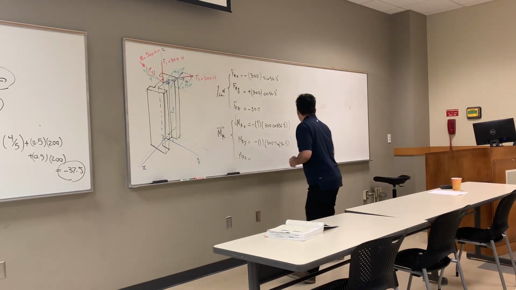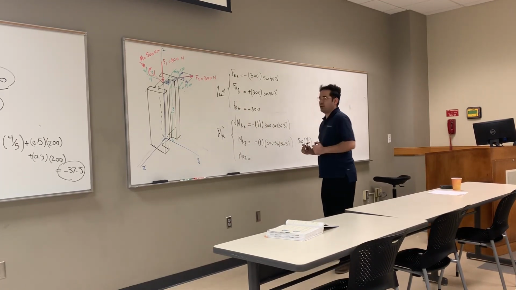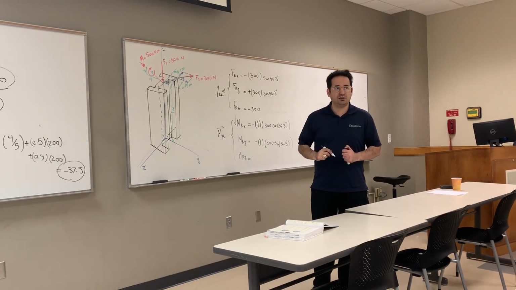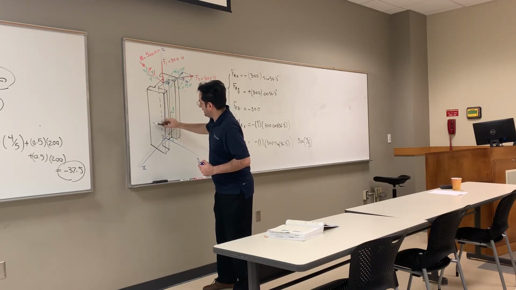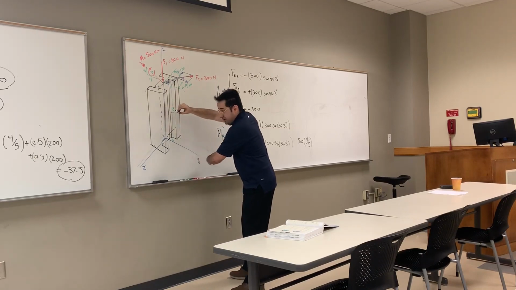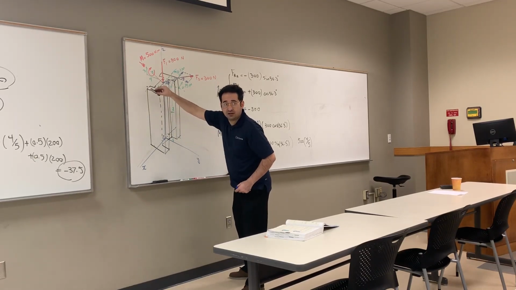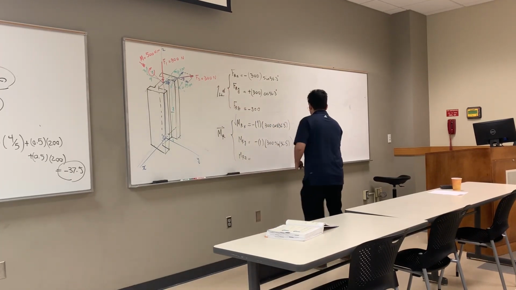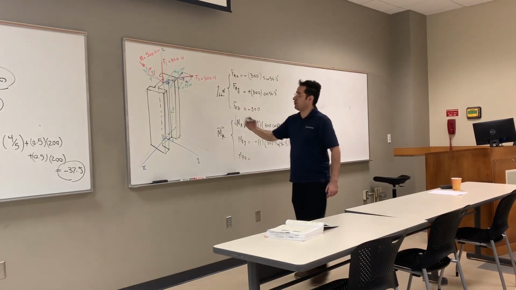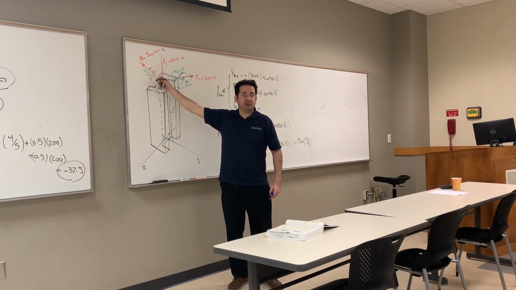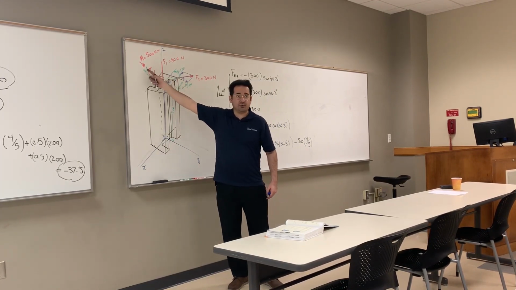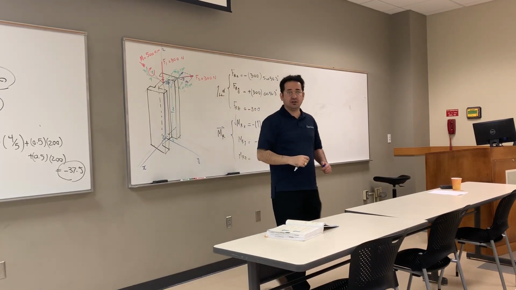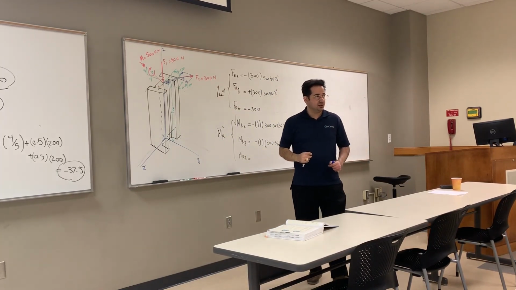Positive or negative? You see, this is in this direction and the positive is this direction, so negative. For the couple moment, you don't need the moment arm. You need a moment arm for forces, but not for moments. This will directly be added to your moment equation.